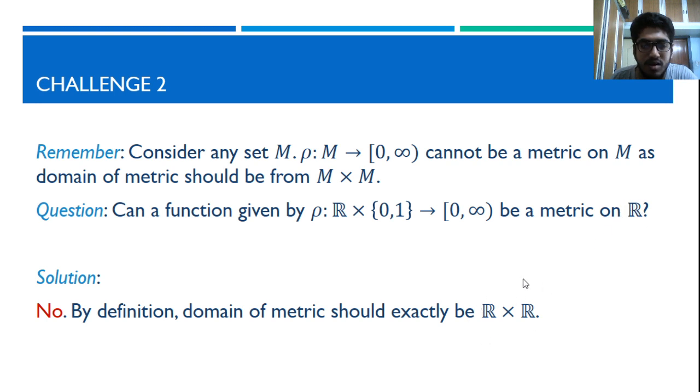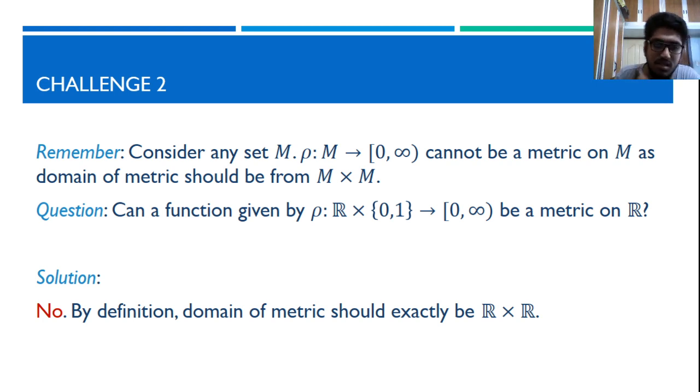Cannot be a metric on R. Can it be a metric on the set {0, 1}? I'll repeat the question. We concluded that since the domain should exactly be R cross R, this cannot be a metric on R. Can it be a metric on the set {0, 1} was my question. Yes, Pranidhi, that's true.